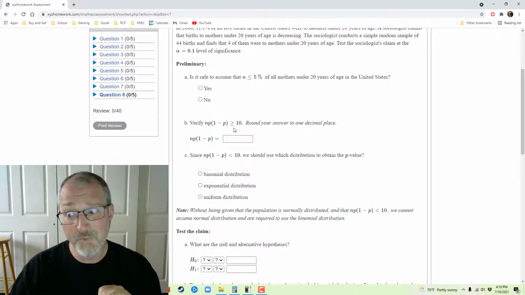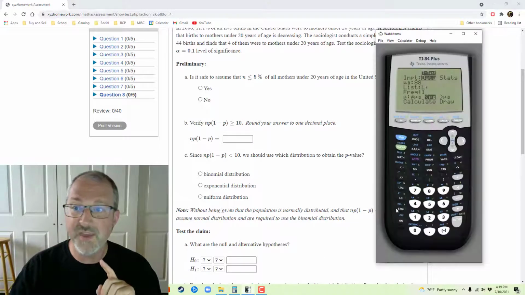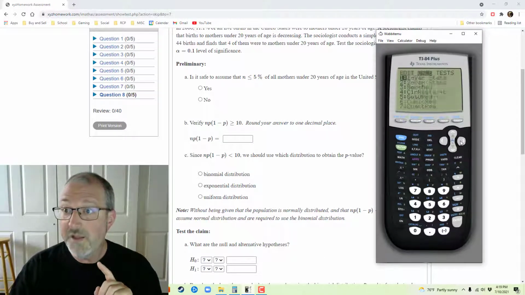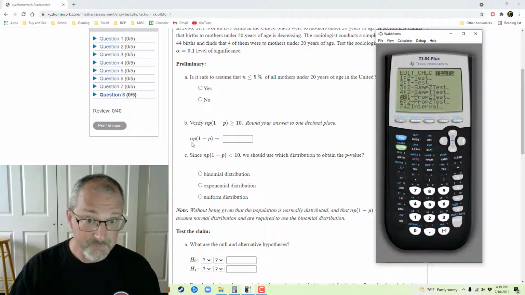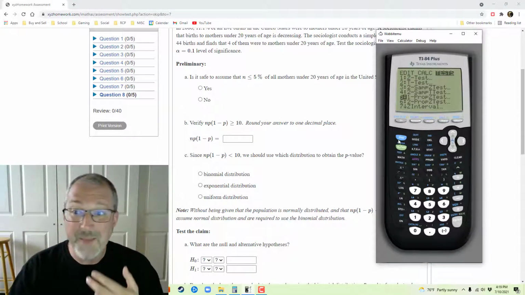Womp womp. So what that means is you can't use the one prop z-test on the calculator, or you shouldn't, because the one proportion z-test works if and only if your n times p times q, or n times p times the complement of p, is greater than or equal to 10. And that's not going to happen here.